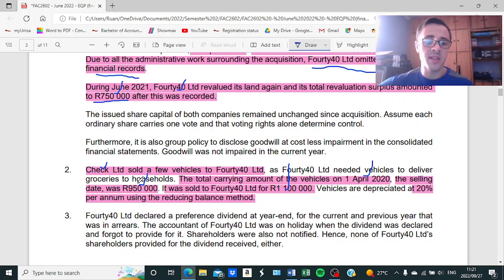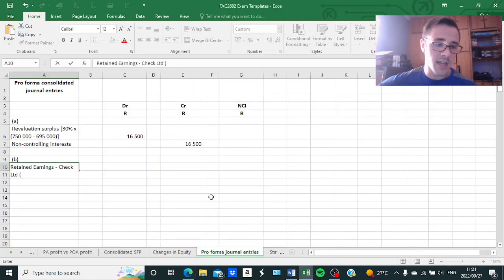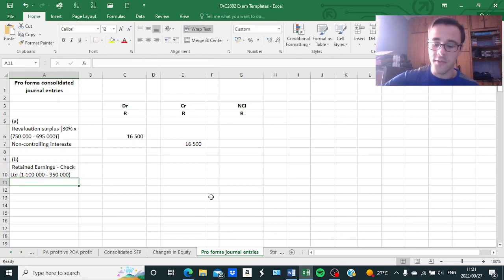So the difference between the 950 and the 1.1 million will give us our unrealized profit. If it was sold for less, then a loss was made, and your journal entry would just be the exact opposite. So the profit made was 1.1 million less 950,000, and that should give you 150,000.